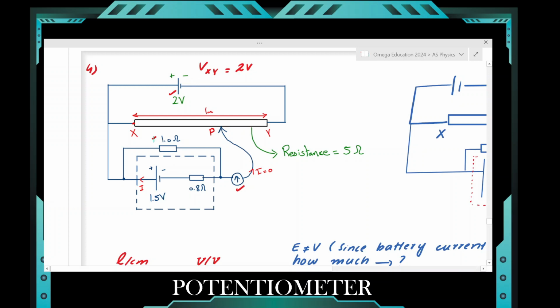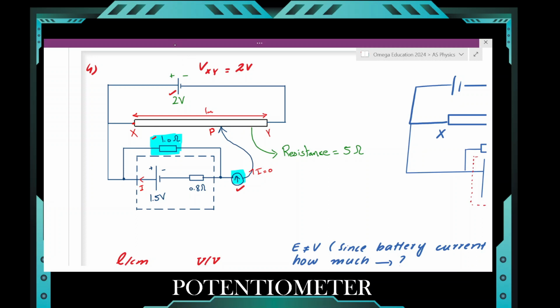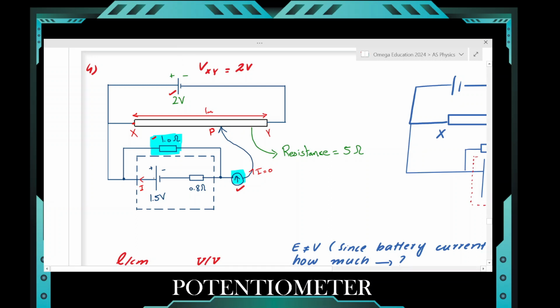But then let's get back to the lower circuit, and ask yourself a question: would there be any current through this resistor in such a way that no current should be passing through the galvanometer? So let me show you the pathway. Let's say the current starts from here, goes over here, flows through this resistor, goes down, and gets back to the battery.